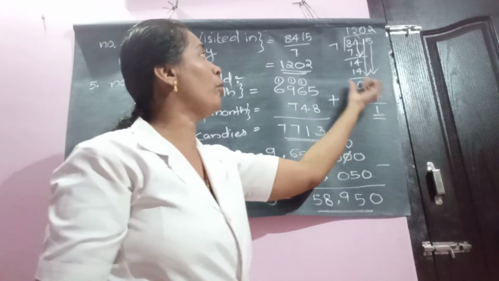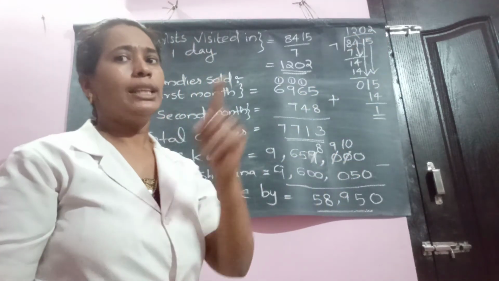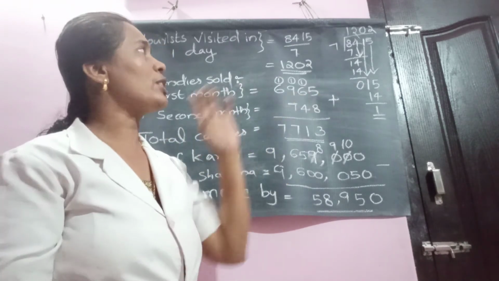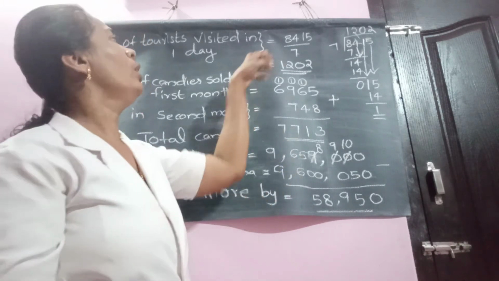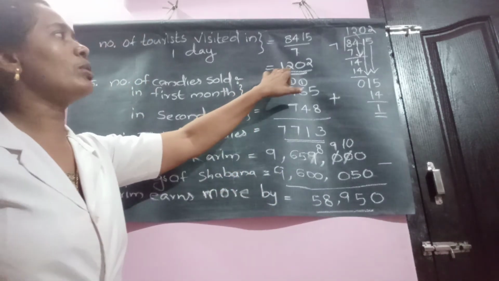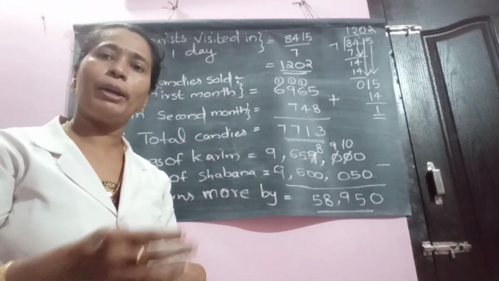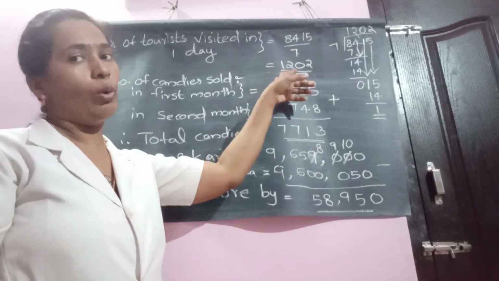In 15 how many 7s are there? 2, so the remainder is 1. Same as the case of the pages read by Shazia, here also we write the quotient only. Approximate value is enough, so the quotient is 1202, because the number of people can't be 0.5, 0.1, 0.2 that way. That's why the teacher has taken the quotient only.